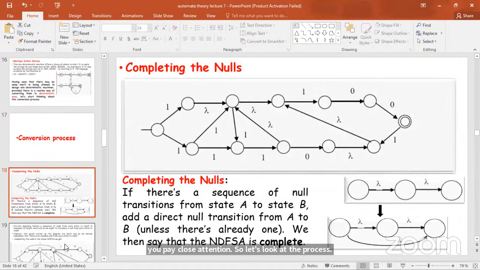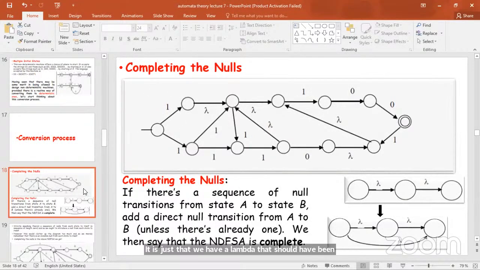Now, the first step is completing the null. If you omit a transition label on an arrow, it's not that we have made a mistake. It is just that there is a lambda that should have been introduced.